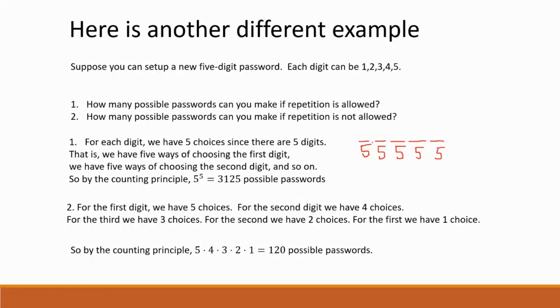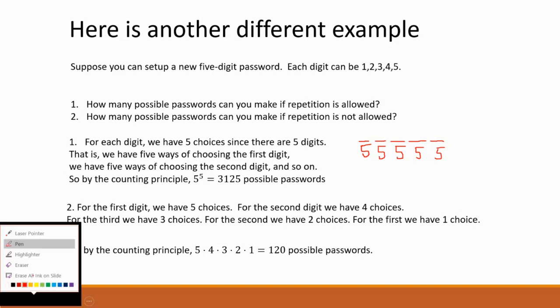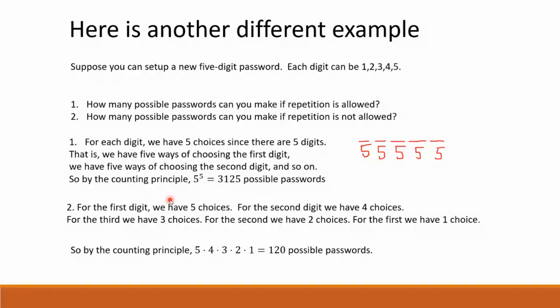Well, as I'm trying to show you here, there are 5 choices for the first task of choosing the first number. We have 5 choices for choosing the second number, 5 choices for the third, and so on. So altogether we get 5 to the 5th, which is 3,125.